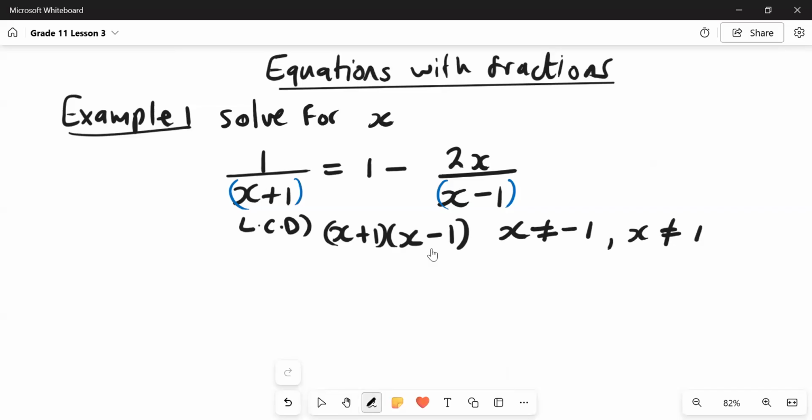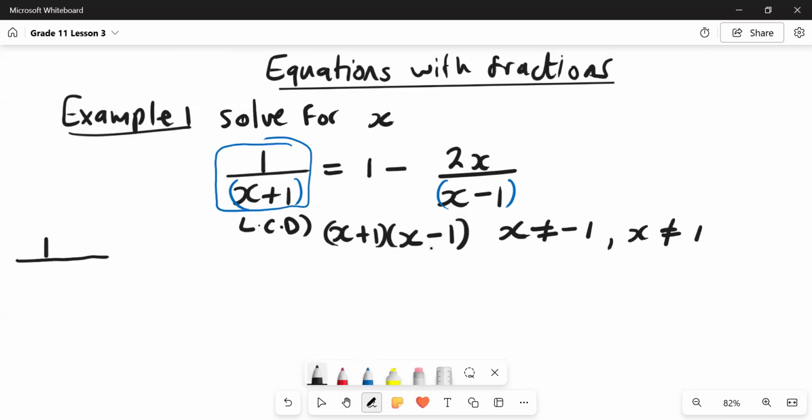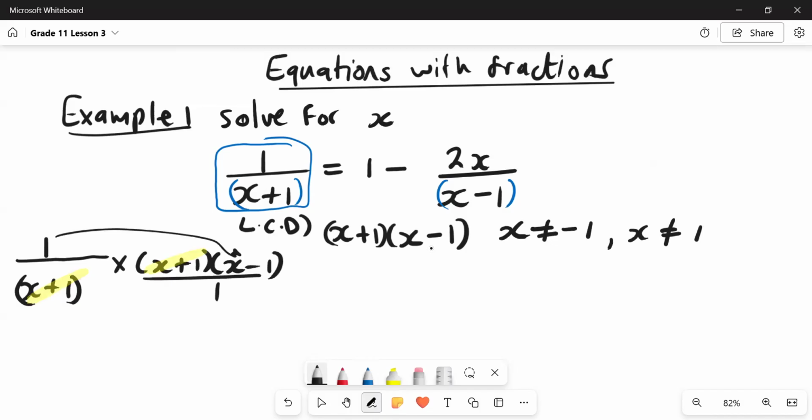And then from here, you take the first part of the fraction and multiply with the LCD, as I've explained earlier. So that's 1 over x plus 1, and then multiply by your LCD, that's x plus 1 and x minus 1 over 1. Now, common ones will cancel. 1 times x minus 1 would be x minus 1.